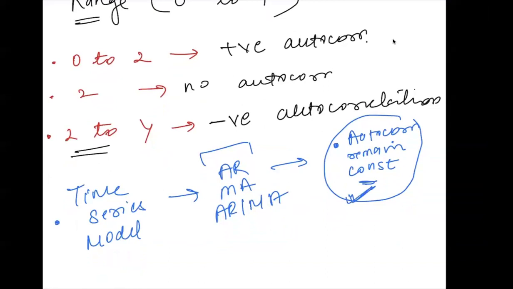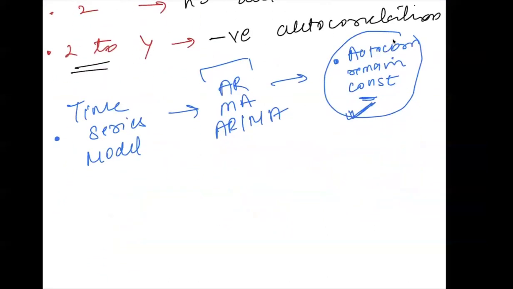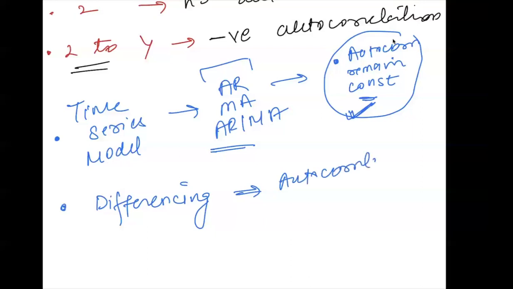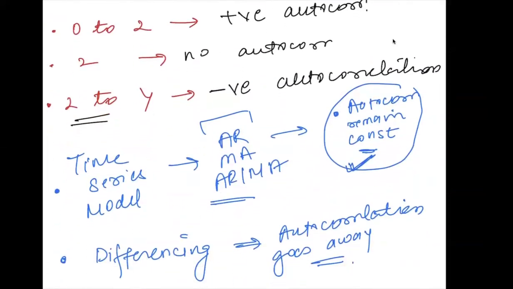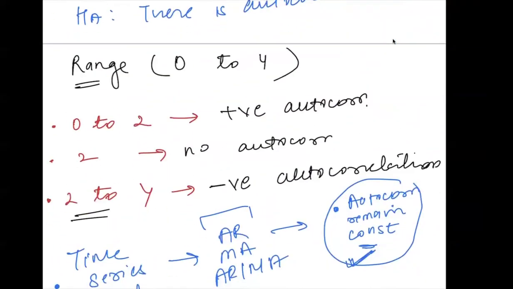So this is one way in which you can improve your model, by including time series modeling, or you can do differencing. When you do the differencing, it is seen that the autocorrelation sometimes goes away. So this is how you measure the autocorrelation between the residuals by using the DW test.